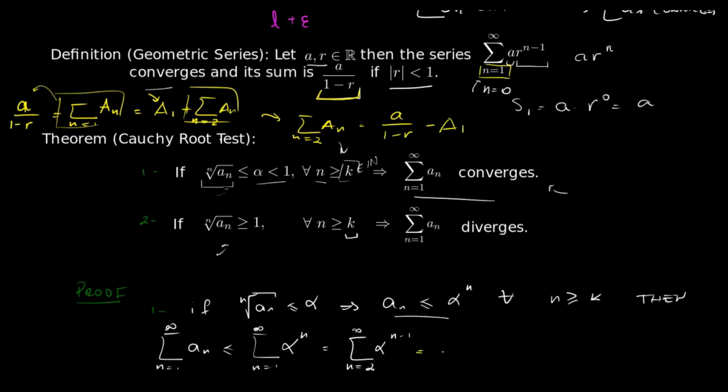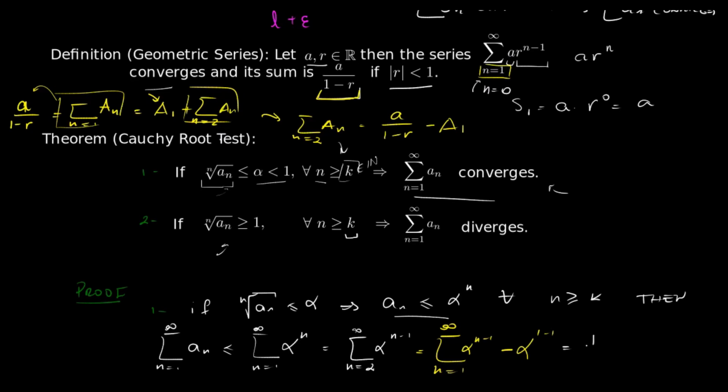So this is a geometric series, we can write it as adding from the first one and then subtracting the first element. And the first one is alpha to the 1 minus 1, which is alpha, let's just write it like this. So then this sum is a geometric series and we know exactly what it converges to, because here the number a would be 1.